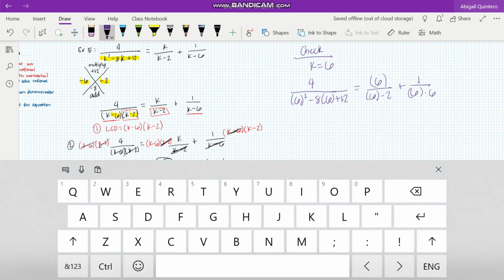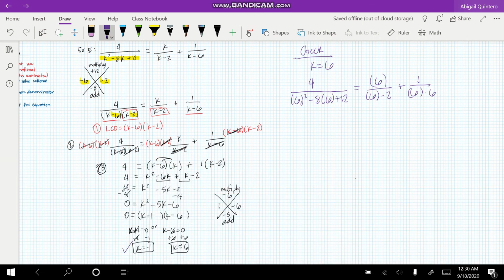And here is where I have a problem, because this right here will become 1 over 0. That's already undefined, not working, so k equals 6 is not a solution.